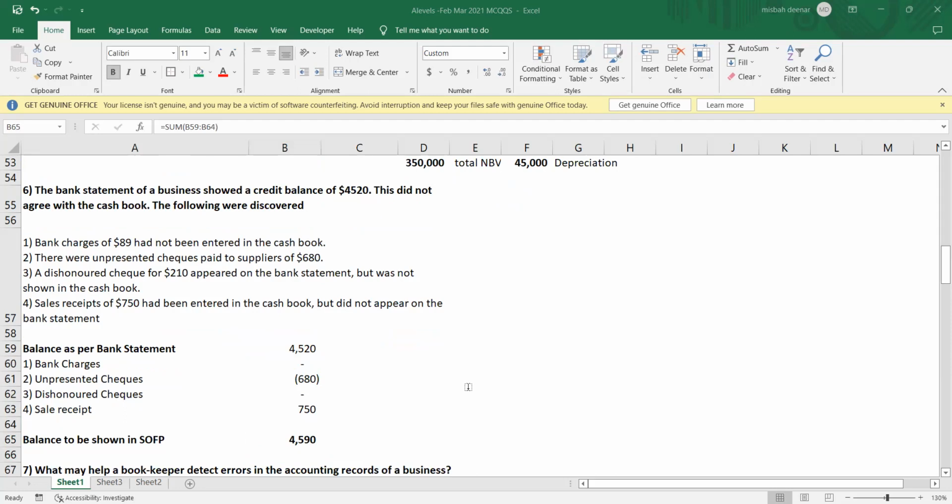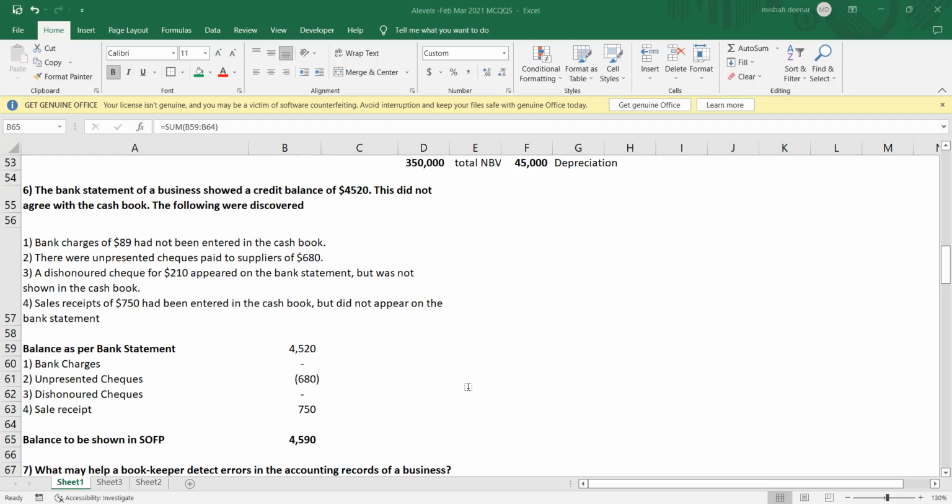Then moving on to the next question. What may help a bookkeeper detect errors in the account records of a business? Books of original entry, sales ledger, statement of financial position, and trial balance. So what do you think? For detecting errors in the accounting records of a business, the trial balance is always there.